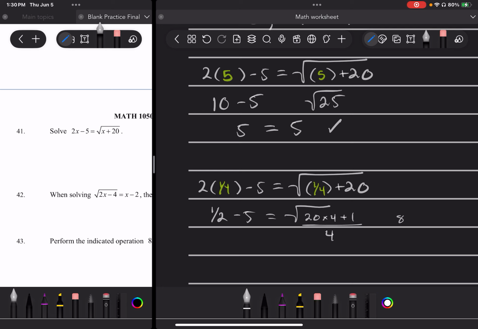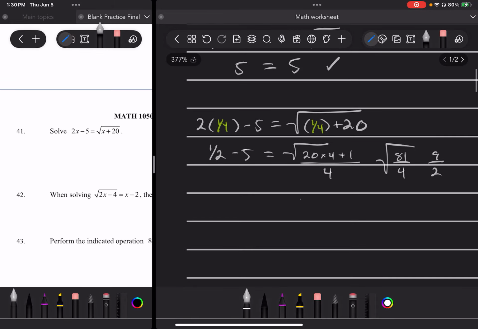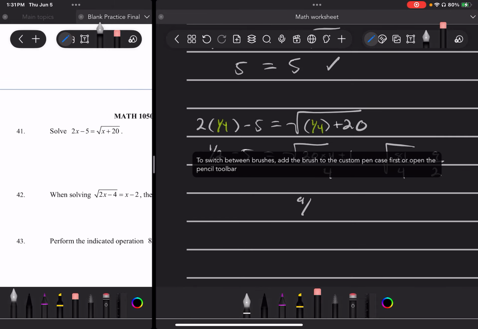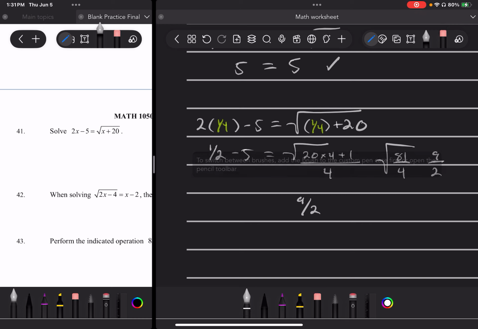So that would be 81 over 4, which is 9 over 2 when rooted. So let's see if the other side is the same thing as 9 over 2. Well, if we subtract this, we'll have negative 4.5. These are not the same, so this is not a solution.